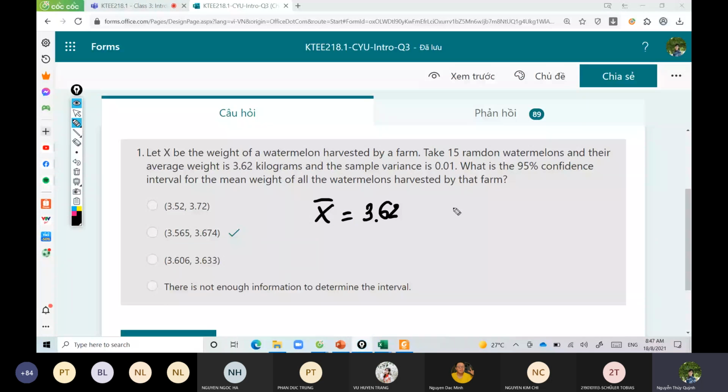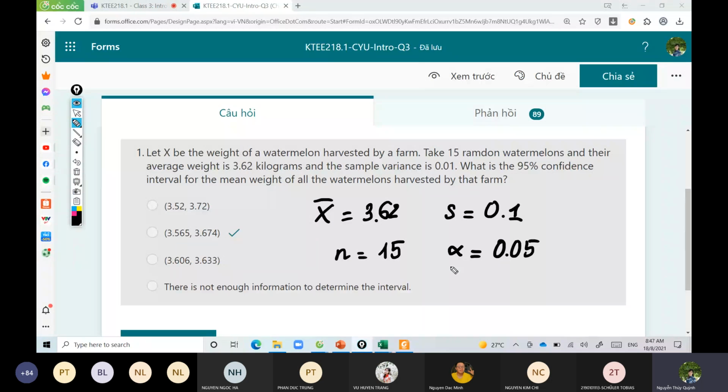We have s squared equals 0.01, since the sample variance is 0.01. We have n equals 15. And alpha is 0.05.